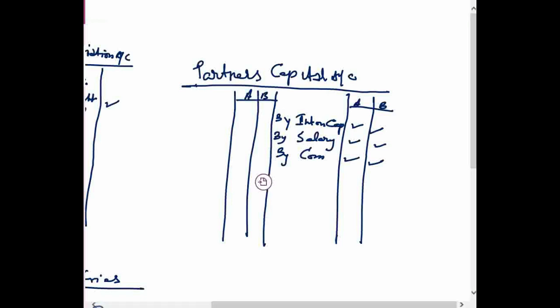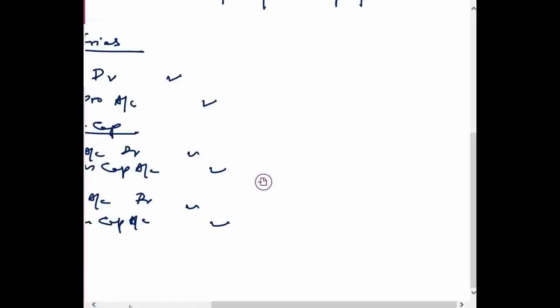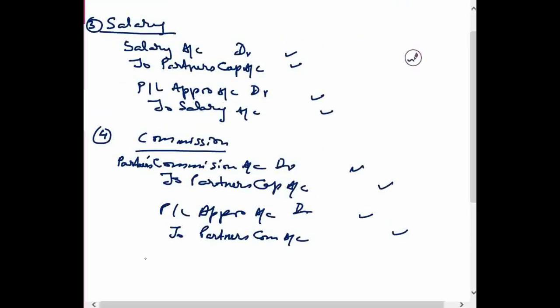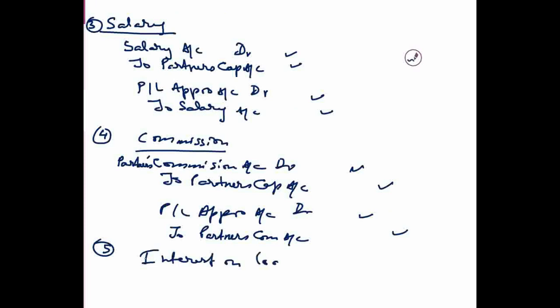Now comes the entry for interest on loan. Say a partner advanced a loan to the firm. In that case, the firm will pay interest to the partner. The fifth entry we pass is for interest on loan. Let me clarify, the loan is taken from the partner.